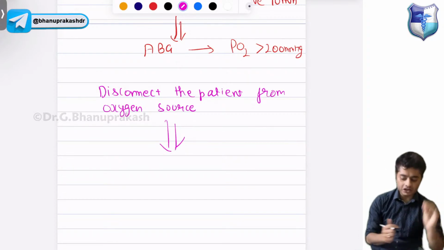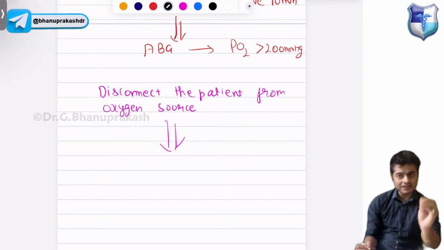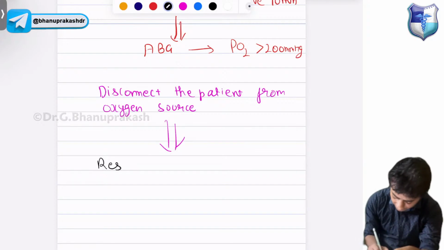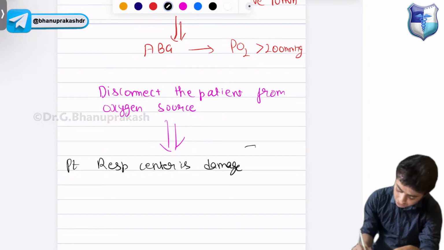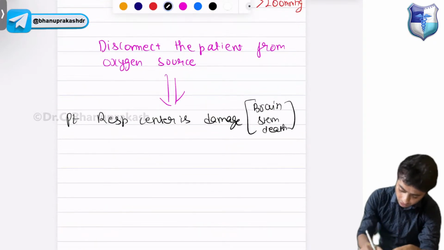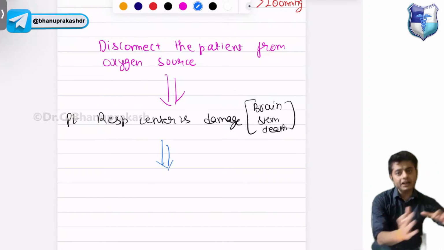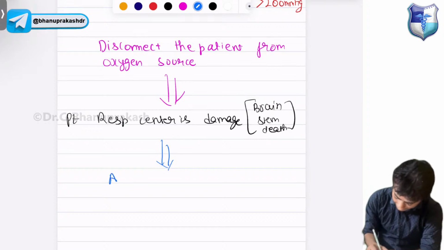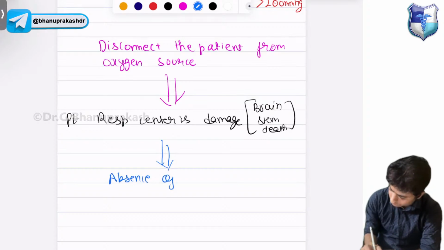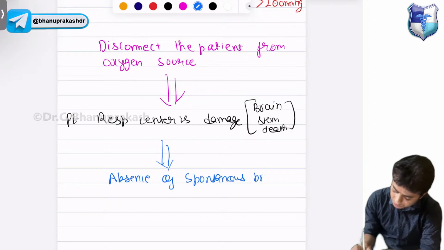We all know that this patient is in coma because his brain stem is damaged, his respiratory center is damaged, because he is in brainstem death. So if you have disconnected him from oxygen, can he normally breathe? No. So there will be absence of spontaneous breathing.